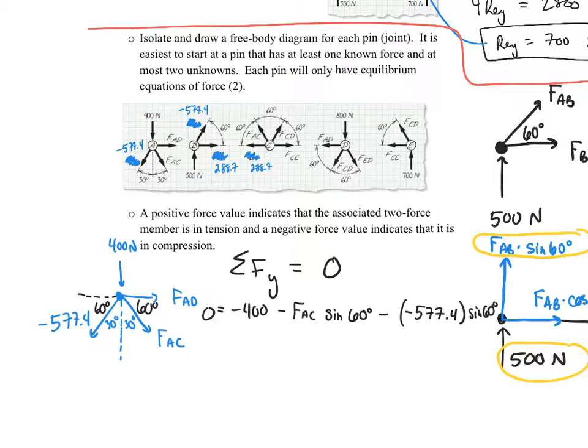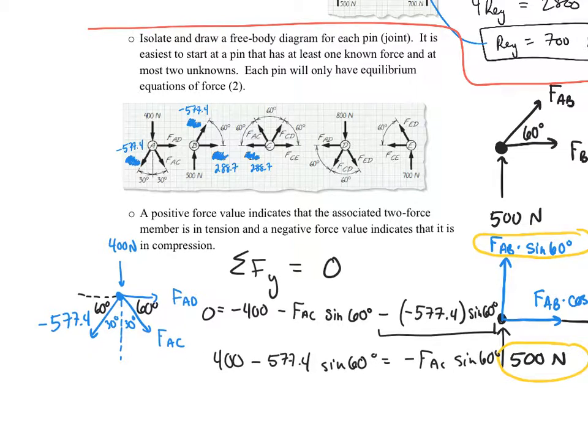So if I were solving this, just for those that maybe didn't get it right, I would add the 400 over to the left side first, right? And then I would take this whole quantity, and it's a double negative, which makes that a positive, so I would then subtract it over. And that would equal negative FAC sine 60.